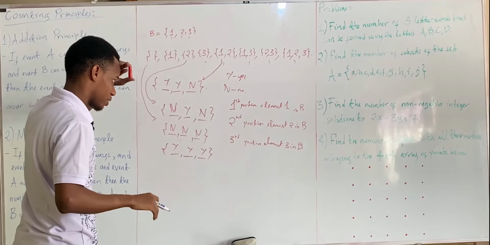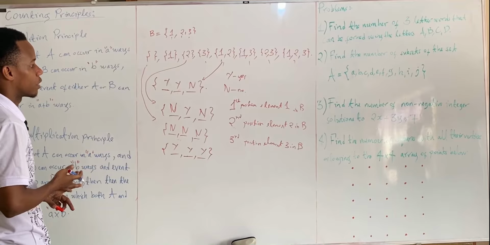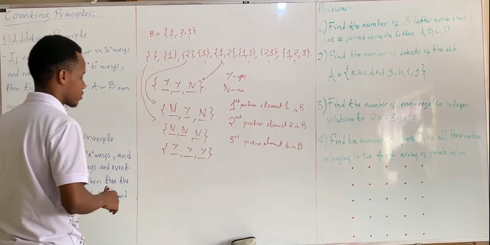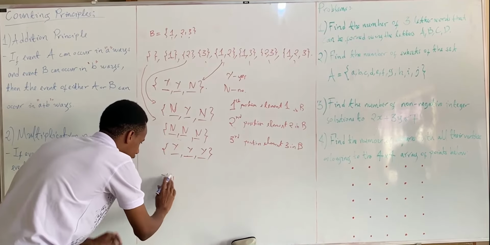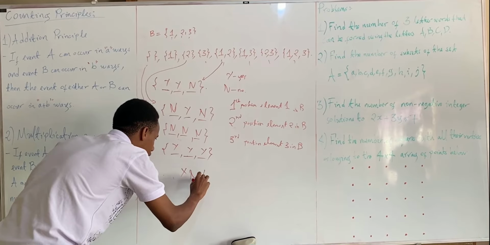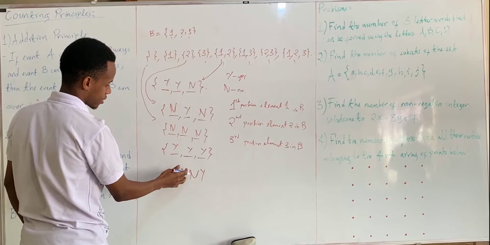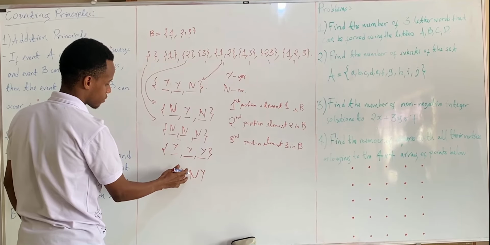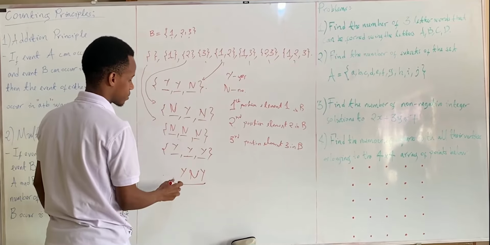So for example, you can name any 3-letter word which contains either n or y in each of these positions. So for example, maybe I can name y, n, y. Okay, so this is a 3-letter word which consists of y or n. From this 3-letter word, I can find a subset to represent it.